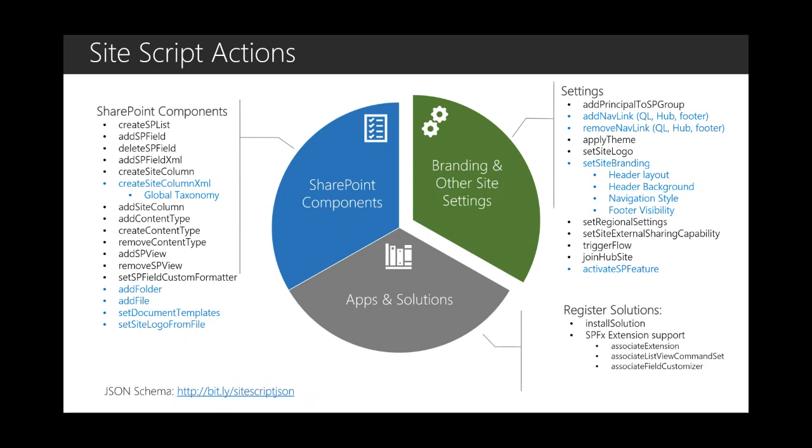Some nice ones in here, and we now have a new ability to change nav links, set some site branding, activate site features. The most common ones I see are definitely fields and columns, columns and lists. Getting those things out there onto new sites has probably been the most common one, followed up by triggering the flow. And I'll talk a lot more about that, but triggering flow is a big one.